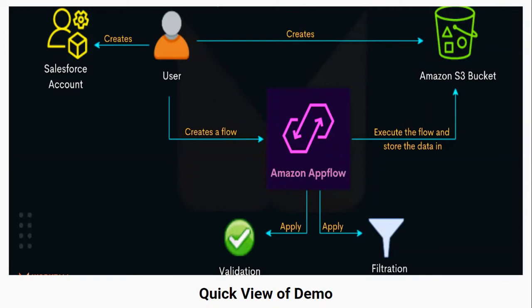Now here comes a quick view of my demo. The user has to create a Salesforce account and an Amazon account, and in it they have to create one S3 bucket.